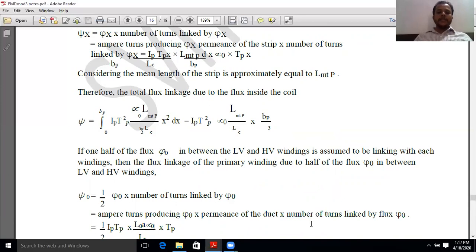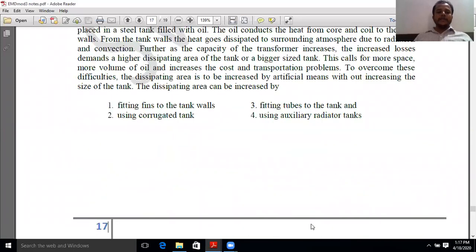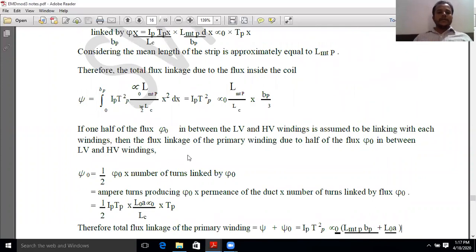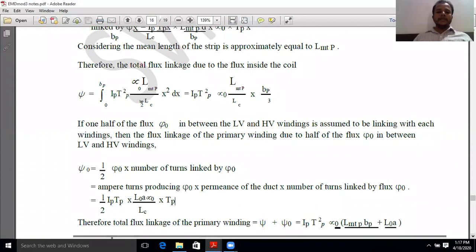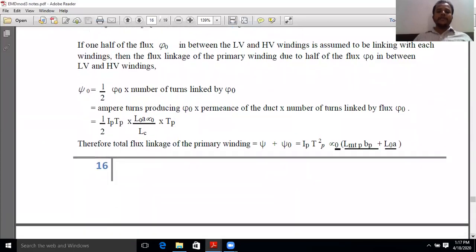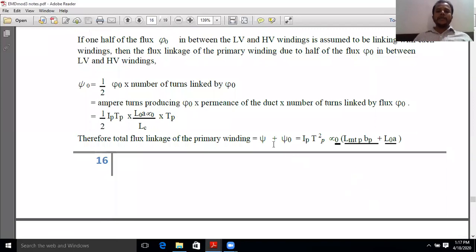Now put the values here, so we can get 1 by 2 IPTP into L naught A divided by LC alpha naught into TP. Therefore the total flux linkage of the primary winding will be given by psi plus psi naught.